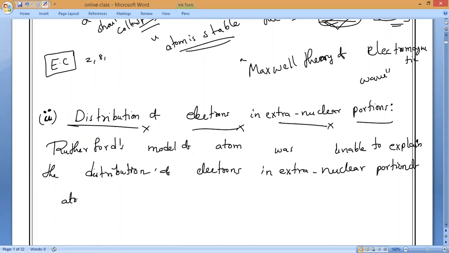Are you clear? That is electron distribution. So these are the two drawbacks of the Rutherford atomic model. Is it okay, guys?